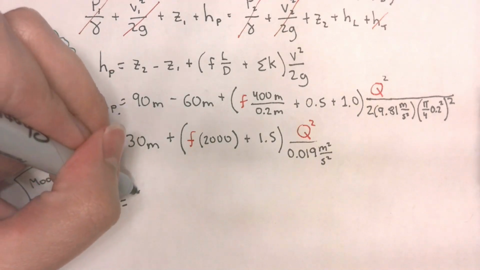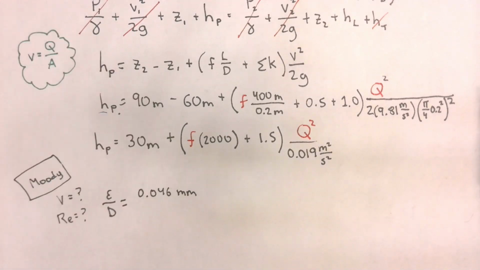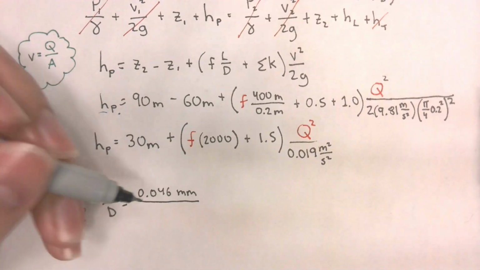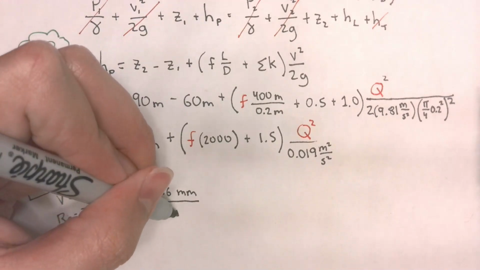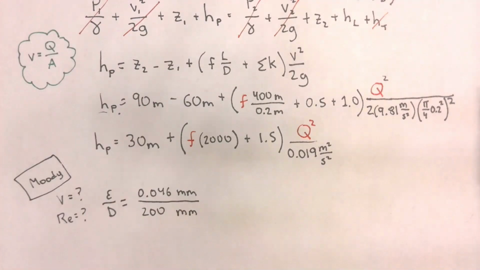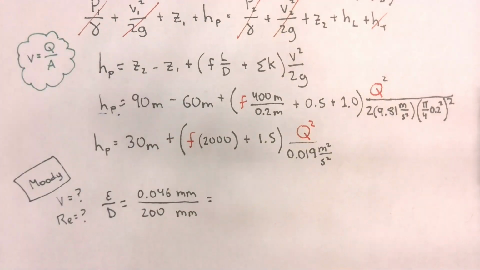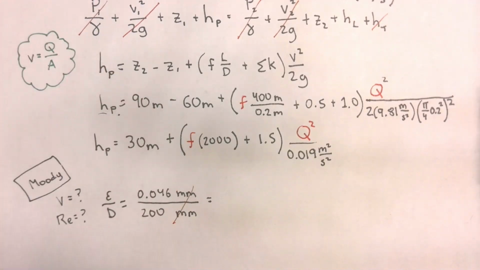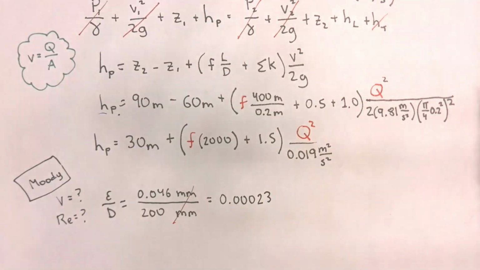So for wrought iron, my roughness height is 0.046 millimeters. Therefore, my relative roughness will be my roughness height divided by the diameter, which is 20 centimeters. I'm just going to call it 200 millimeters, so I can just cancel these out. So, this gives me a relative roughness of how much? 0.00023. Yep. And dimensionless, right? Because millimeters cancels out with millimeters.